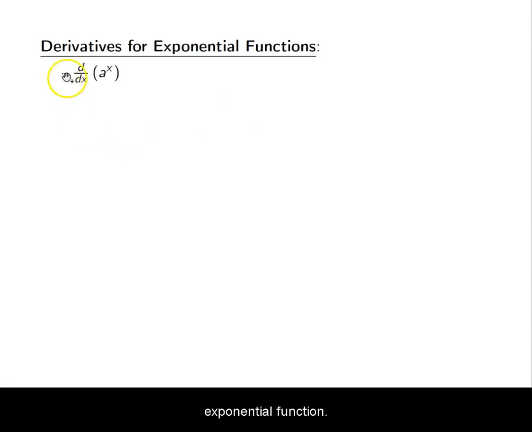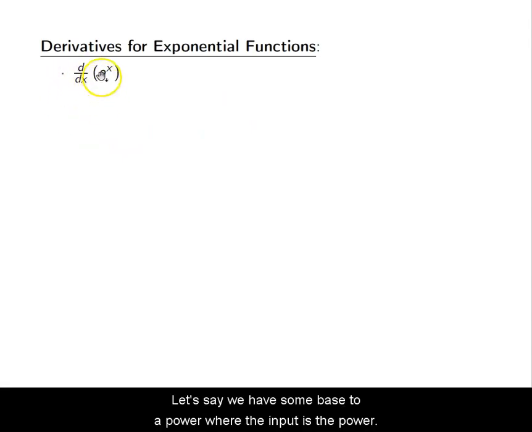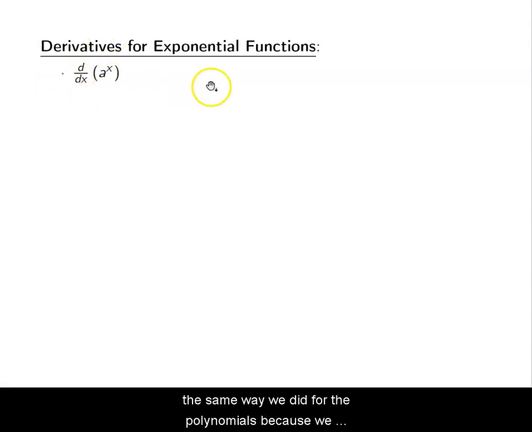So for our derivatives of exponential functions, let's say we have some base to a power where the input is the power. This can be any base, it could be 1/2, it could be e, any of those things. The derivative of this function, we're not going to develop it the same way we did for the polynomials because we don't really have the skills necessary yet to do that.